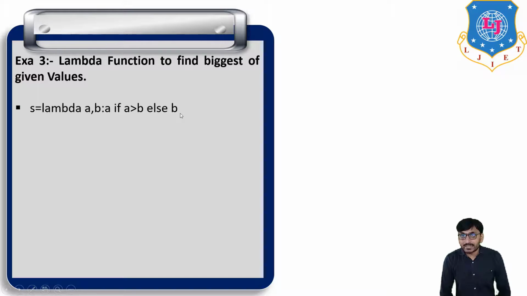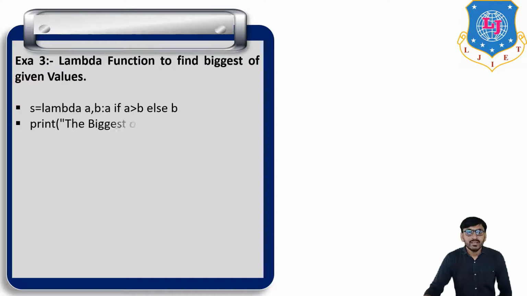So if a is greater than b, then a, otherwise b. This is the expression. So in this example, there are two given values, two arguments, and the expression is a if a greater than b, else b.